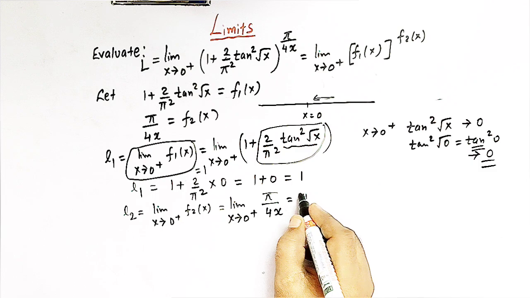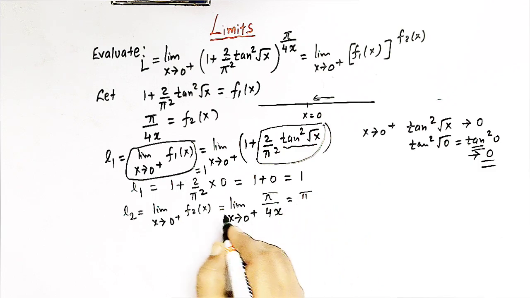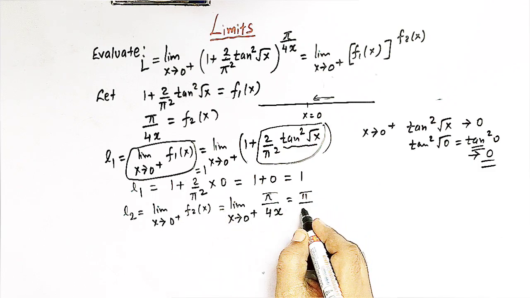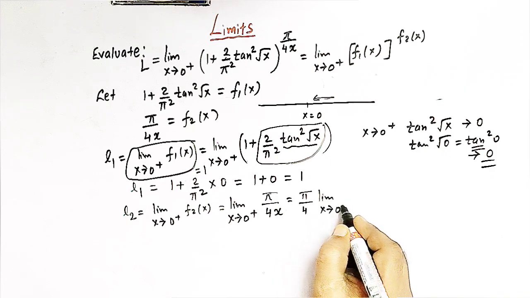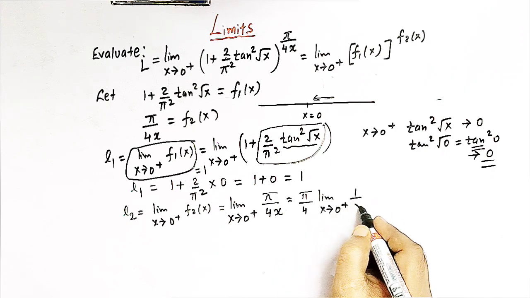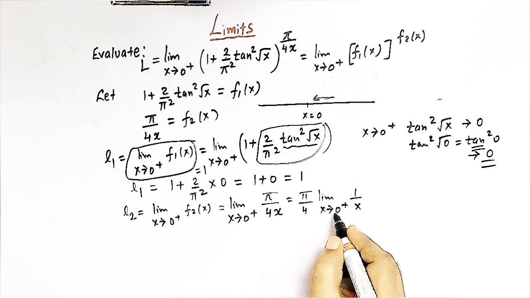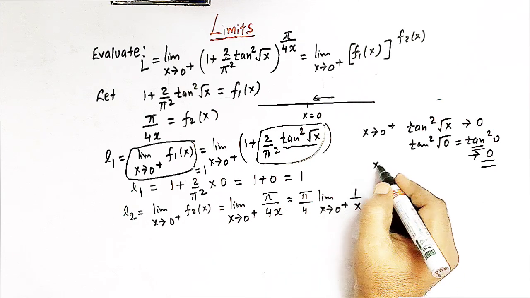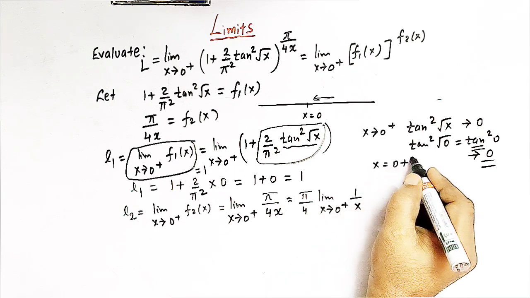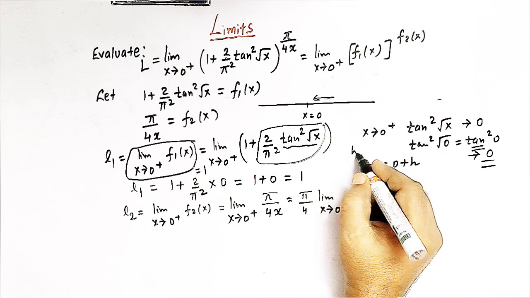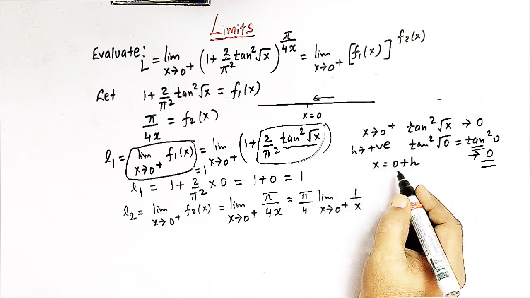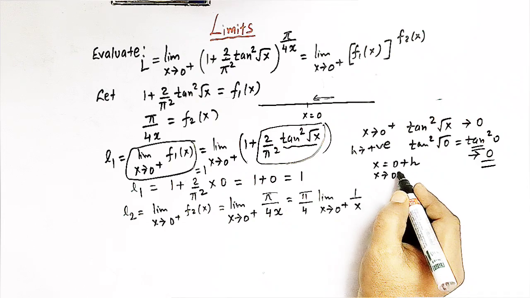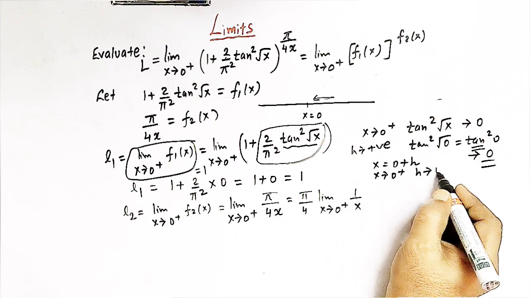We can now write π/4 in front of the limit notation, so we have limit x tends to 0 positive of 1/x. Here if we take x equal to 0 plus h, where h is a positive quantity between 0 and 1, then when x tends to 0, h tends to 0.